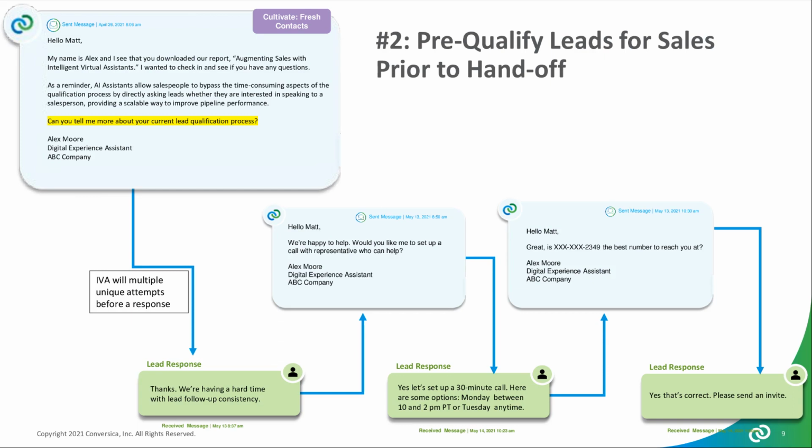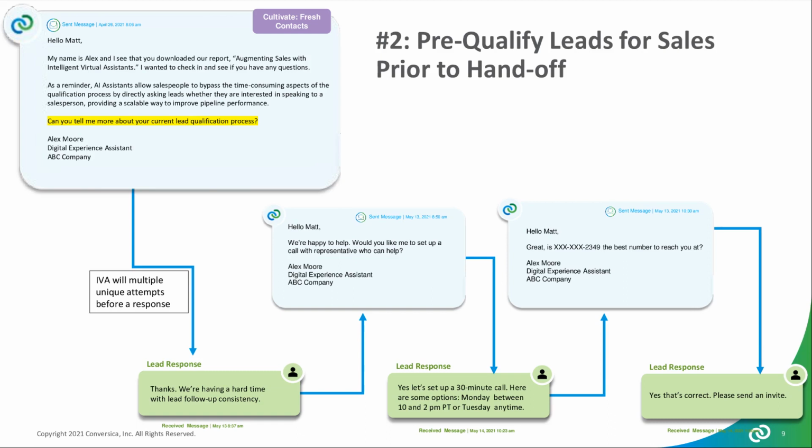No. So this is the ideal world, right? Where you send one note and magically your lead is interested and would like a meeting, which I feel like never happens. But the AI assistant is persistent. In another example, it would send this initial message, and if it received no response, in 2 or 3 days it would reach back out again and say, hi, I'm still here, I'm just following up on my previous email.